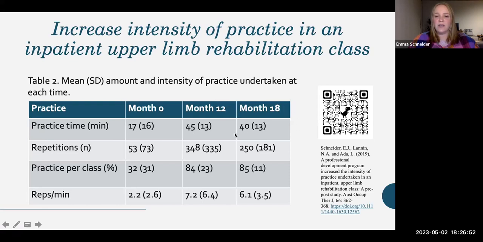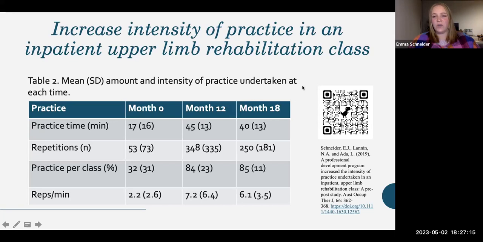And at month 18, you can see between month 12 and month 18 the data didn't change significantly, and it showed that the change actually was sustained after that period. Reflecting on how much staff have changed, I would probably recommend that after 6 months we think about doing something else, but that didn't come through in the data.